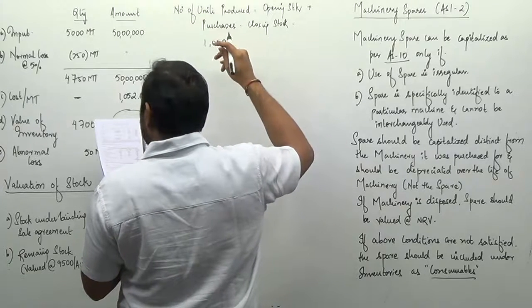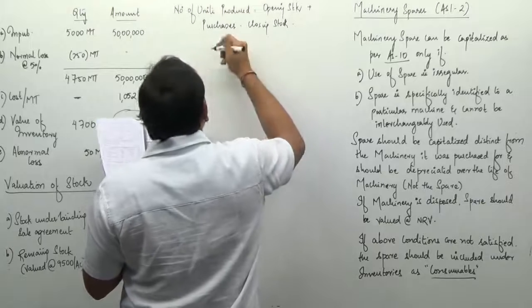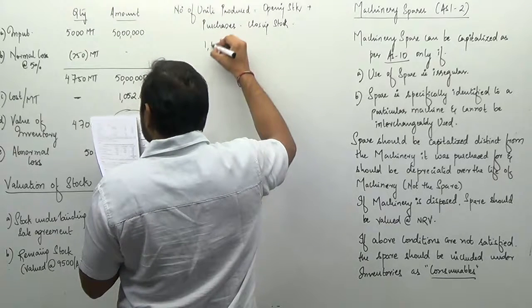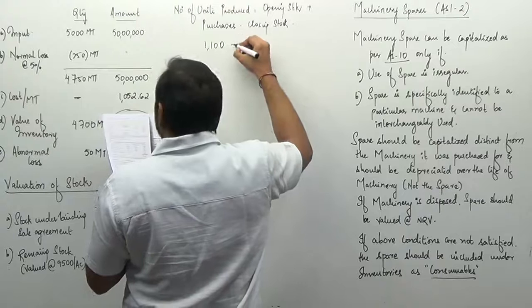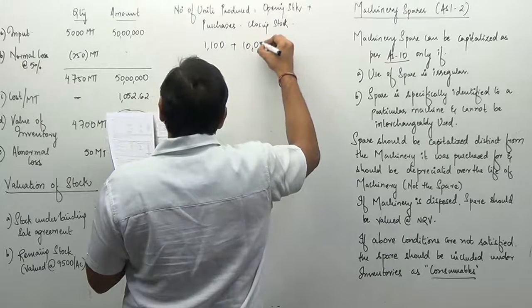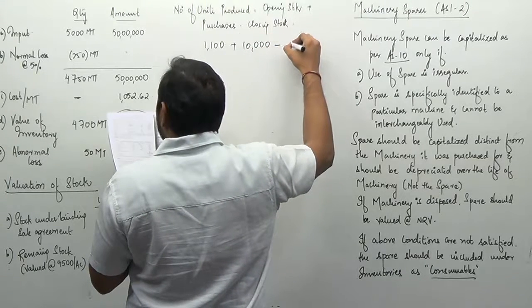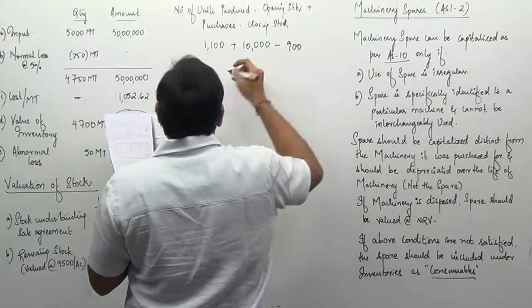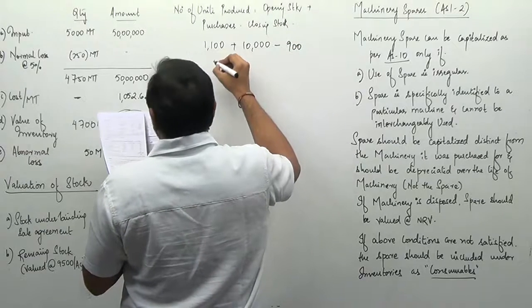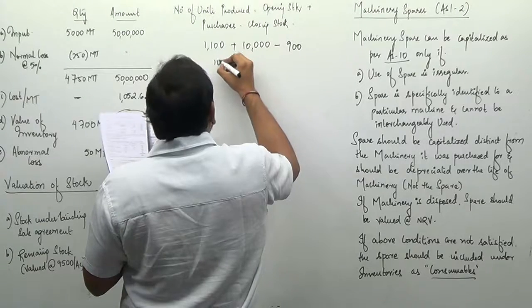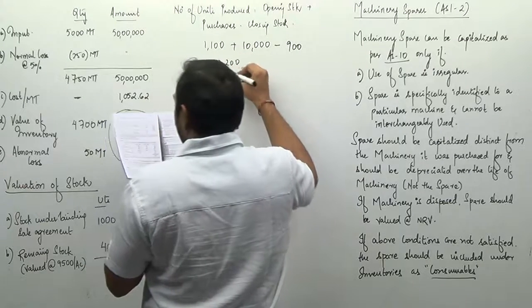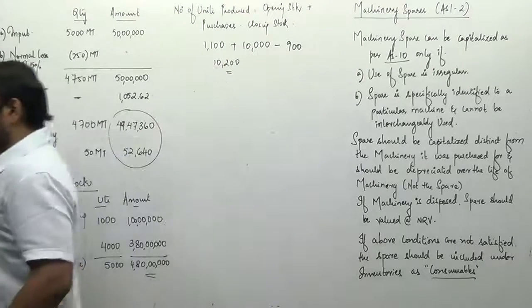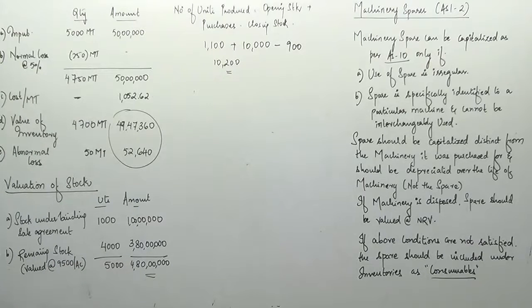One second, guys. We need to check for raw material. Raw material is used in the production. So 1,100 opening stock of raw material. Raw material purchased was 10,000 units and raw material left out is 900 units. So what has been utilized for the production is 10,200.